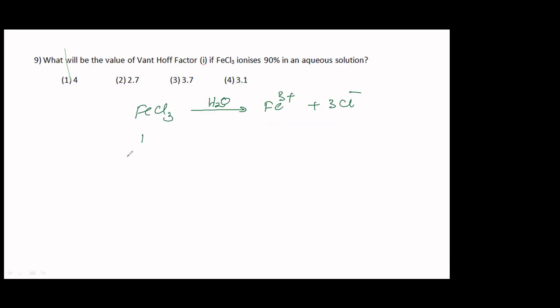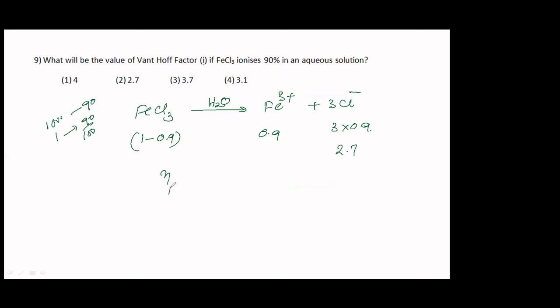Supposing you have taken 1 mole of this. 90% dissociation means if you have taken 100 moles, 90 moles will dissociate. You have taken only 1 mole, so 90 divided by 100, 0.9 mole will be dissociated and you will be left with 1 minus 0.9. So this will be 0.9 moles. This will be 3 into 0.9 moles. So this will be 2.7, isn't it?